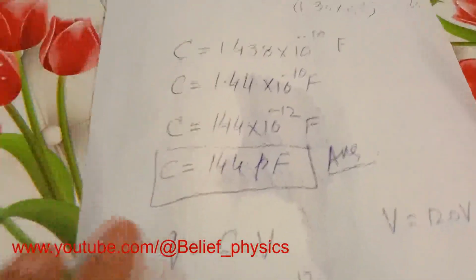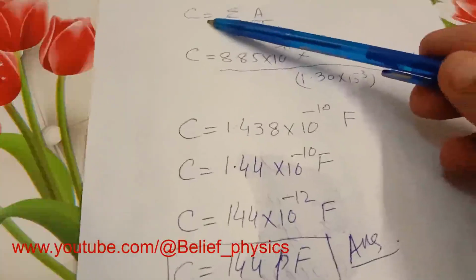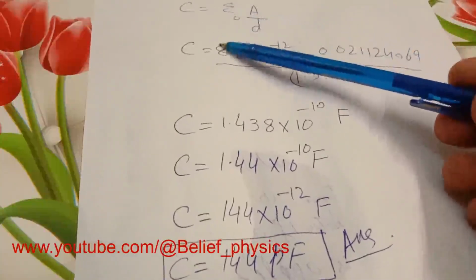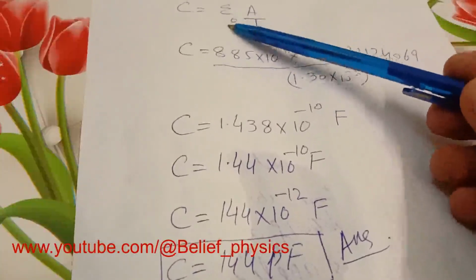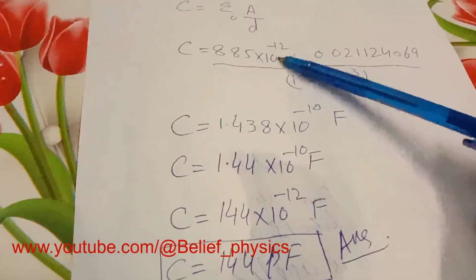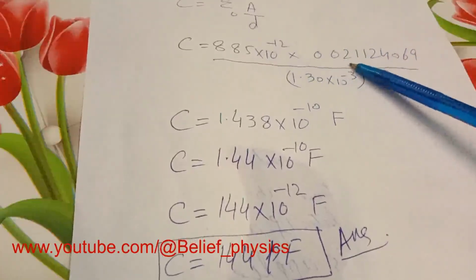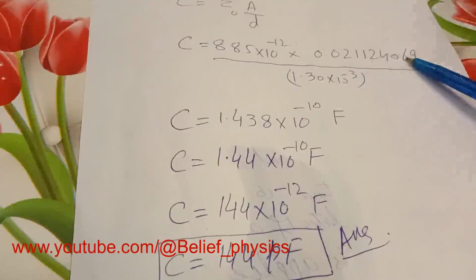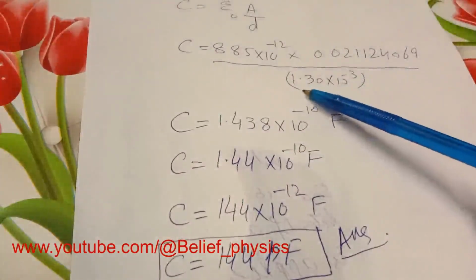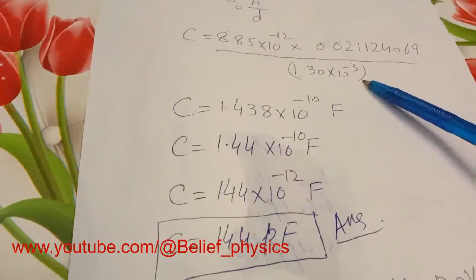The capacitance will be equal to C is equal to epsilon naught A over d. So C is equal to, we will put the values. Epsilon naught is 8.85 into 10 to the minus 12 into the SI unit, into A, which is 0.021122469 meters squared, over the separation, which is 1.3 into 10 raised to minus 3.